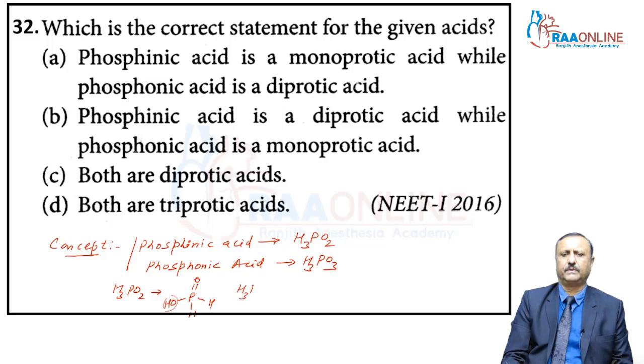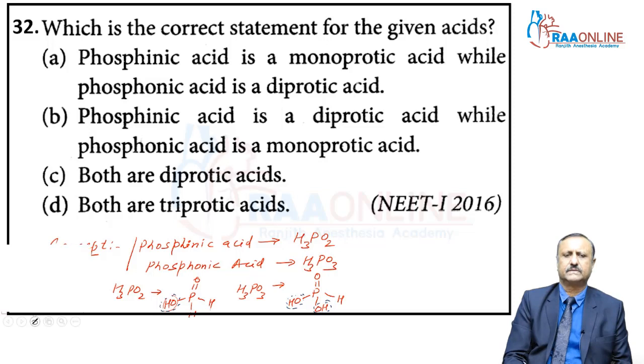Now we can see H3PO3, phosphonic acid. Here in phosphonic acid, my dear students, there is a P double bond O, one oxygen atom attached to the phosphorus. Another oxygen and hydrogen are present in the form of an OH group. So you can see 2 OH groups are present in phosphonic acid. When 2 OH groups are present, it is a dibasic acid, and when one OH group is present in H3PO2, it is called a monobasic acid.